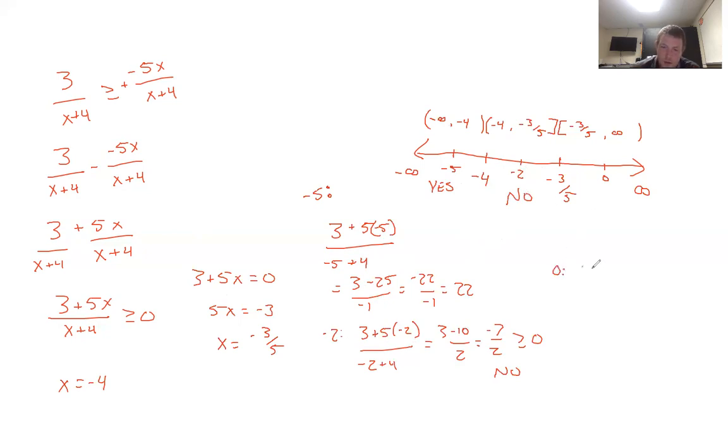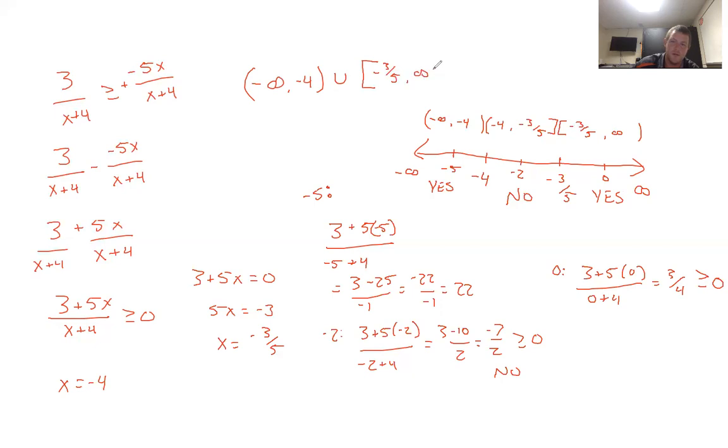So 3 plus 5 times 0 over 0 plus 4, which is equal to 3 over 4. Is that greater than or equal to 0? Yes. So my solution on this is this interval and this one. So I'm going to write that negative infinity to -4, parentheses, union, and now this is a bracket, -3/5 to infinity. Good.